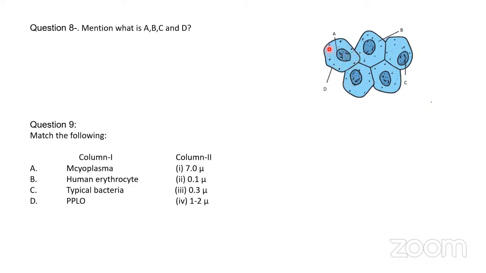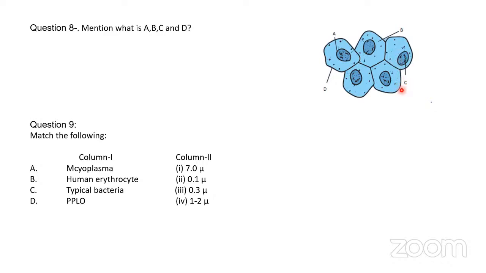Next, inside the cell, what is present? Inside the cell, most of the cell is filled with the semi-fluid matrix, which is the cytoplasm. So this sky blue color here represents cytoplasm. So B is cytoplasm. Option C points towards the nucleus, which is present inside the cytoplasm and which is itself a membrane-bound structure.